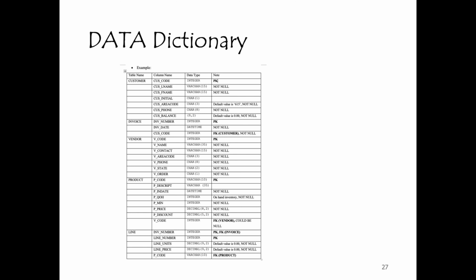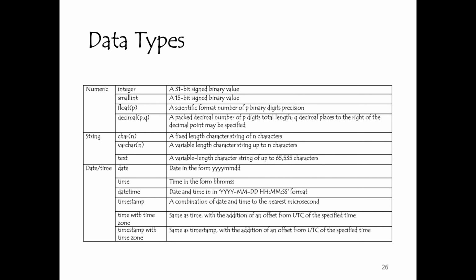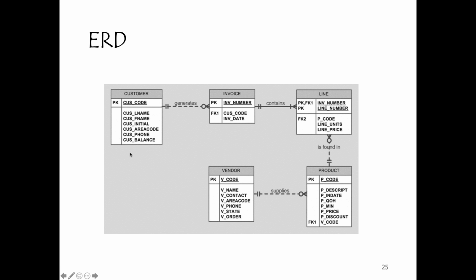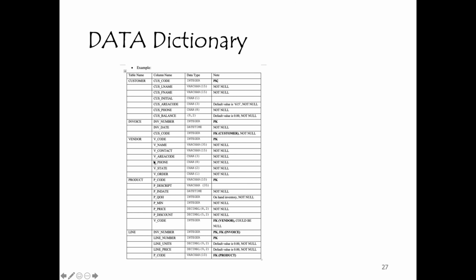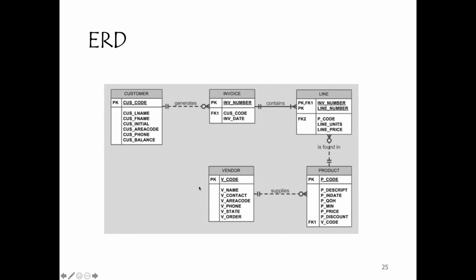As kind of a last remark before we start to write down create table statements, again we will use this ERD as a reference. For each column we have data types, and we also have this data dictionary. But keep in mind that there is a sequence you need to follow when you create tables. A simple rule. I will give you one example. Let's say we have customer and invoice tables. The question is, can we create an invoice table before the customer table?